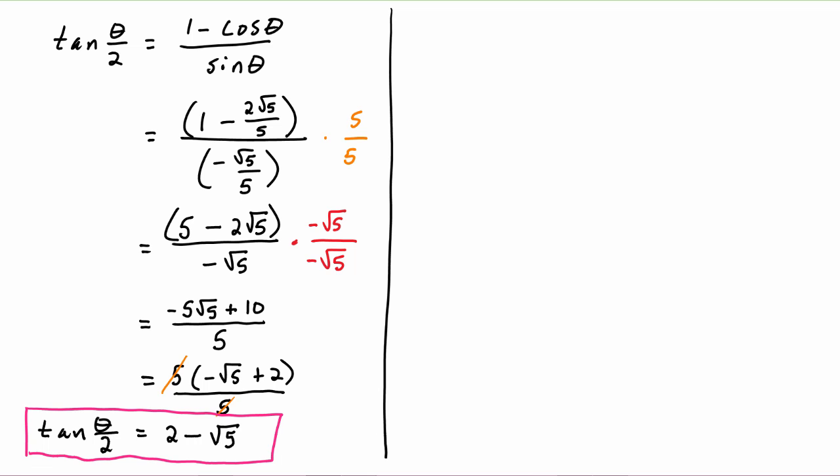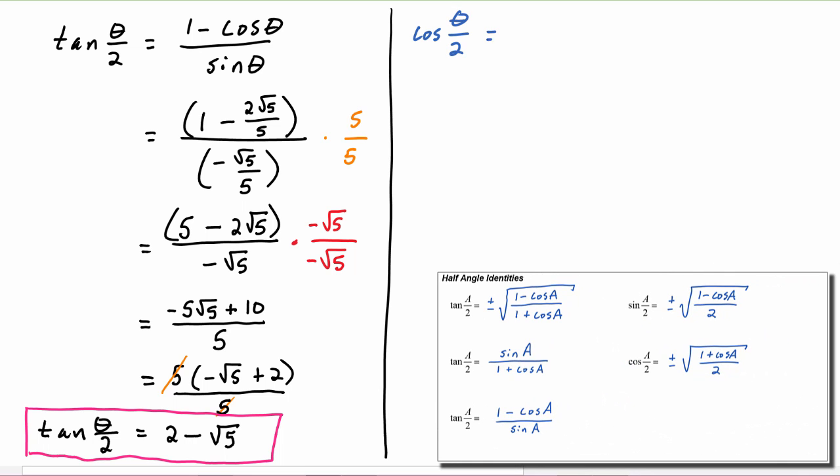Now we're ready to find the cosine of theta over 2. And we know from our list of half-angle identities that's going to be plus or minus the square root of 1 plus cosine theta divided by 2.